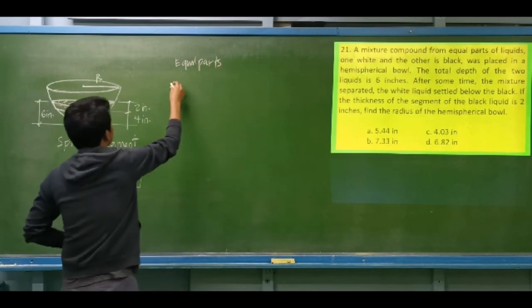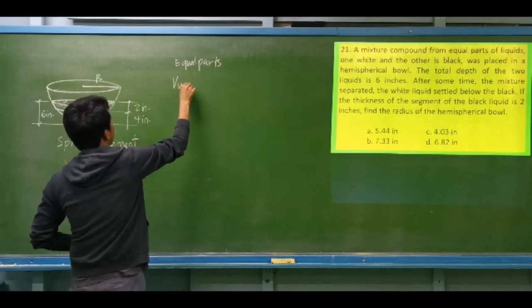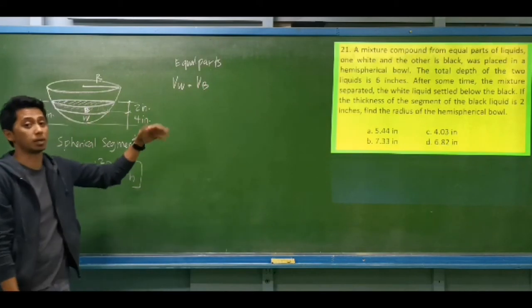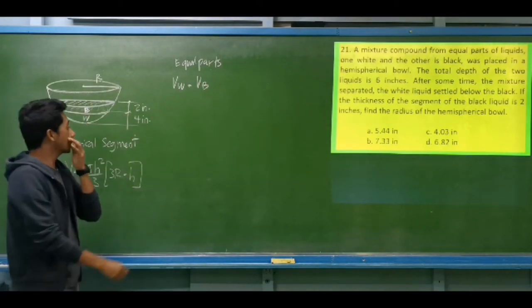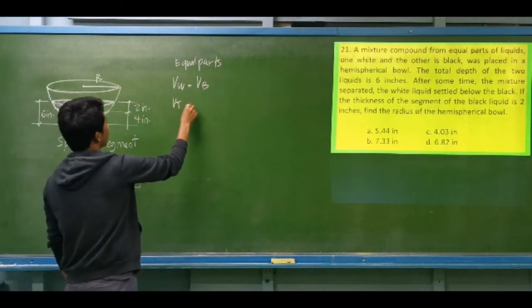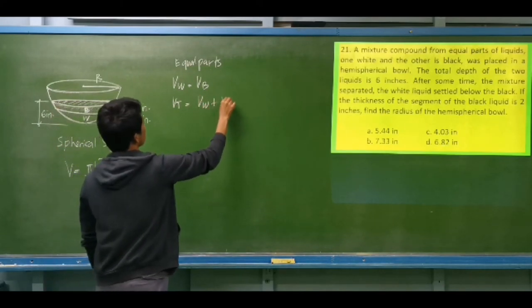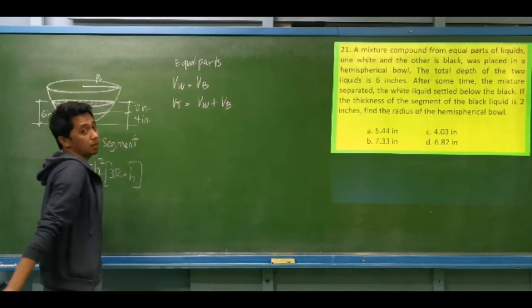So kapag equal parts, ibig sabihin, yung volume ng white liquid is equal sa volume ng black liquid. Equal parts, equal volume. Tapos, yung total volume ng liquid is volume ng white plus volume ng black liquid.